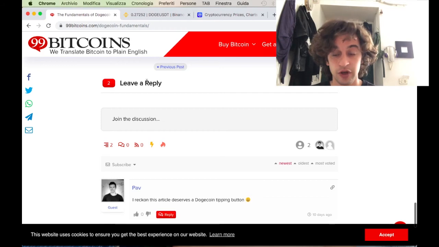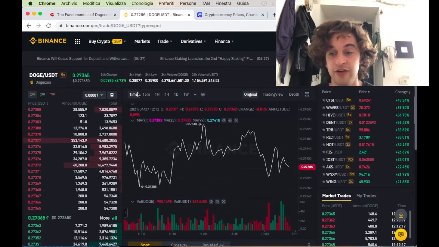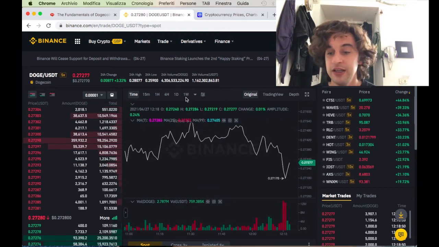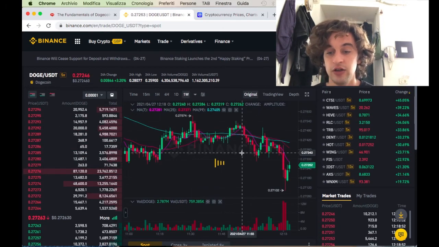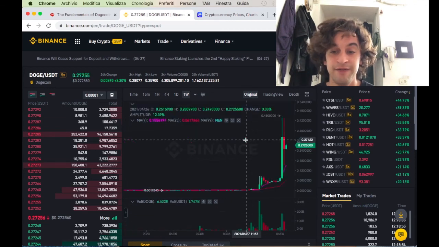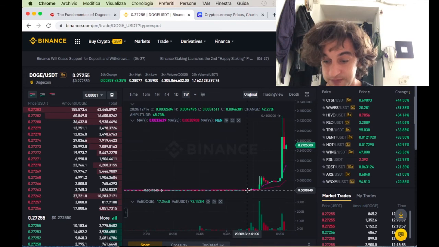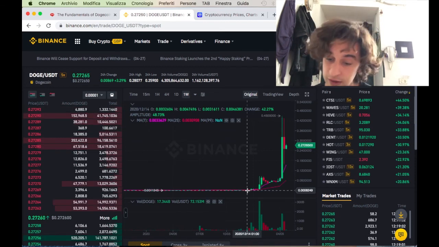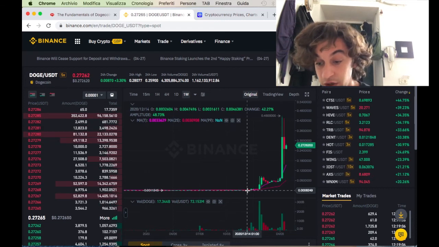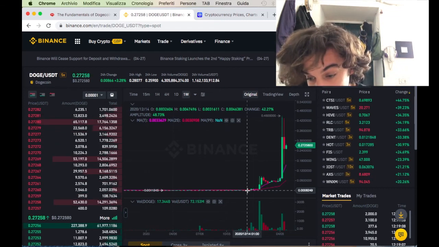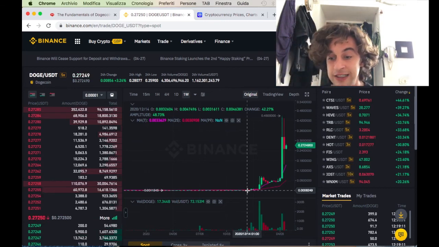Theoretically, it's a meme coin. Realistically, it did skyrocket more than anybody else ever believed. As we can see here on the weekly chart, the all-time high is 45 cents compared to where we are here. On the 14th of December 2020, it was not even half, it was 0.0008.